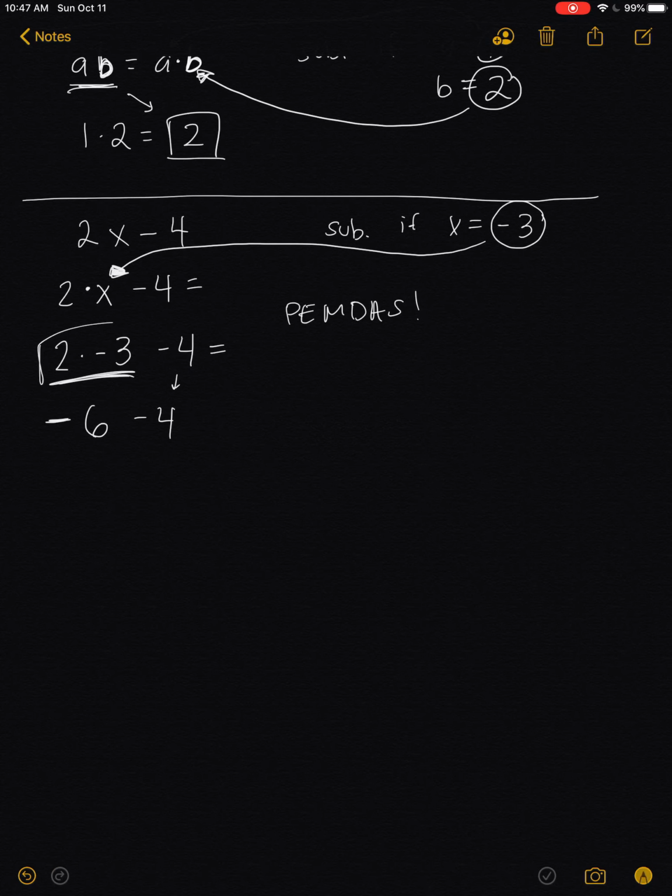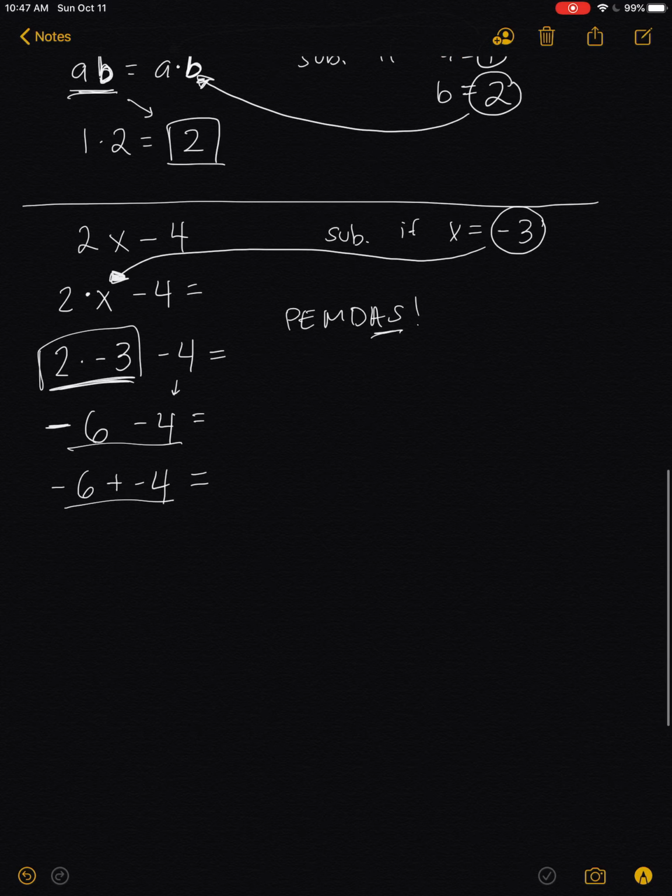I did that part, now I'm going to do the addition subtraction part. Right, and then -6 minus 4, if it helps, you can always change subtraction to adding the opposite. -6 plus -4. If you like it that way, that's fine. If you like it this way, also fine. You're going to get the same answer no matter what, which is -10. Okay, so if x is -3, then 2x minus 4 is -10.